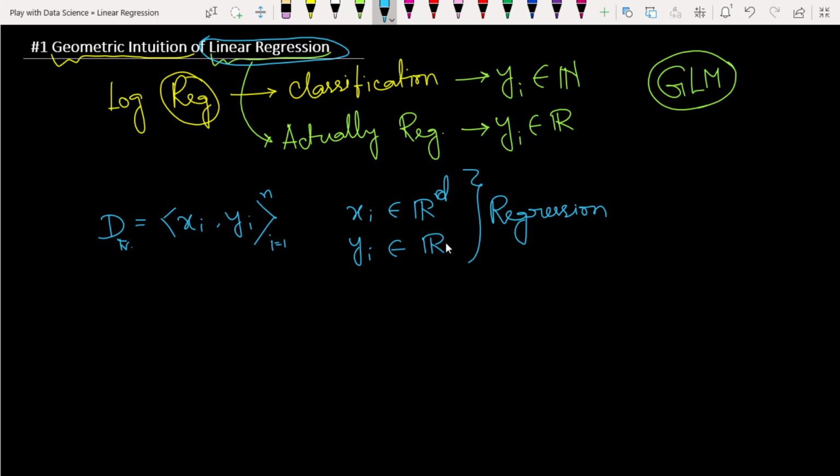But here the actual output is a real number, so we call this a real regression technique. In classification, yi belongs to +1 or -1, or simply 1, 2, 3, which is a subset of the natural numbers.